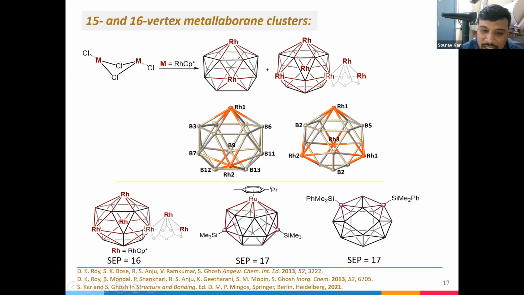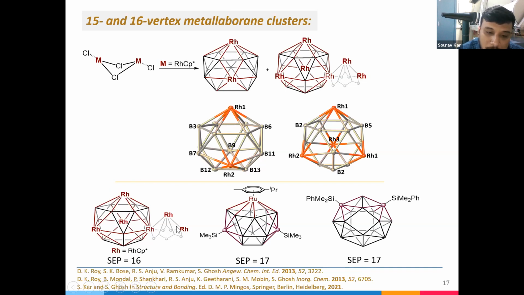This one is the 16 vertex metalloborane, the 16 vertex metallocarborane, and the 16 vertex carborane. So these are the 16 vertex clusters, which are the highest nuclearity known to date. You can see in the case of the metallocarborane and metalloborane, the highest vertices are occupied by the rhodium center and here the ruthenium center, which satisfies the Jemmis proposal also.